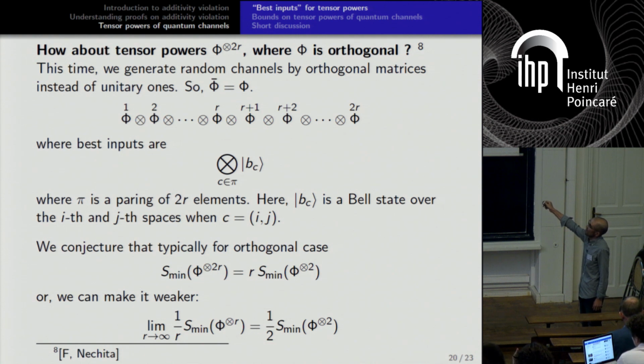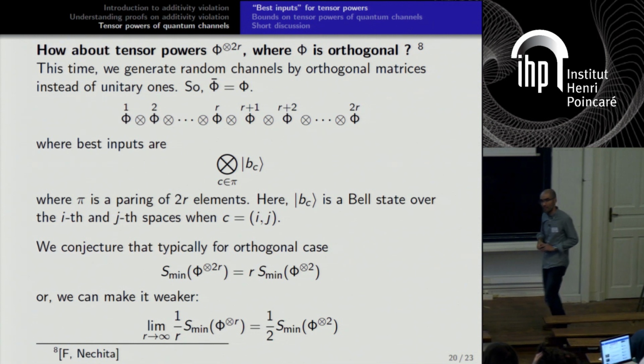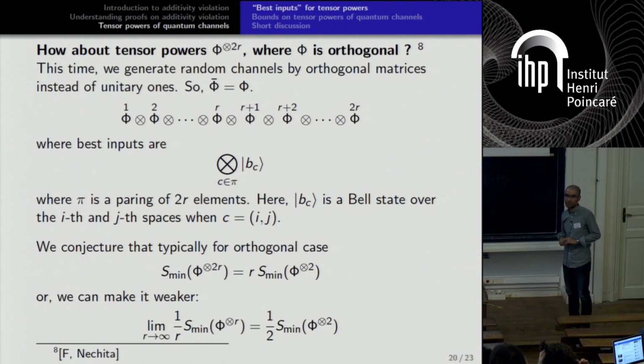Okay, why not take phi and phi? And in this example, I took an even number of phi. Sorry, I should mention, here we have phi. This phi is generated by orthogonal rotations.